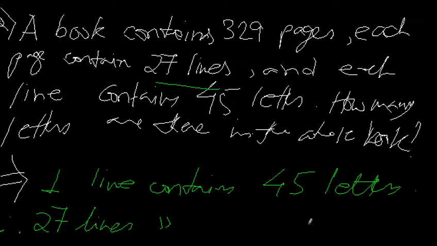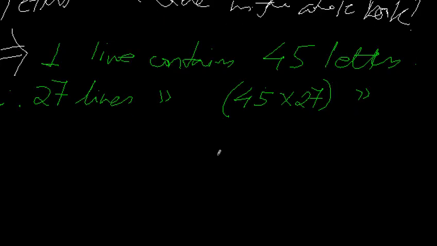Obviously much higher number of letters. That means we have to multiply 45 with 27. So I should write here 45 into 27 letters. What will that be? Equal to, let me do the multiplication in the rough area. That means 45 into 27.